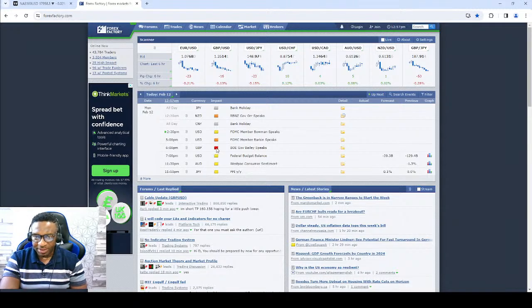That's a red flag at 6 p.m. So those who will be trading any British pound pair, you should be careful around this time, because this could cause an up move or down move, whichever comes. If it's favorable, take advantage of it.